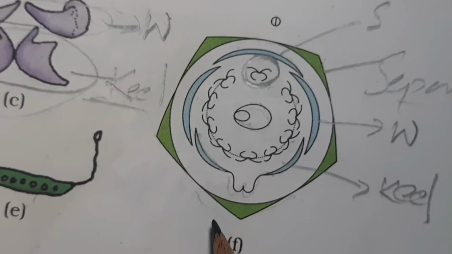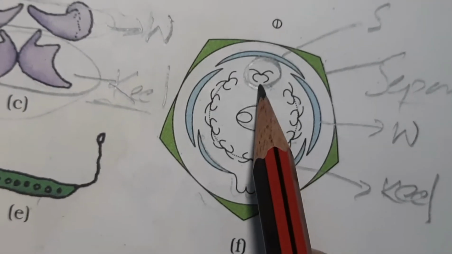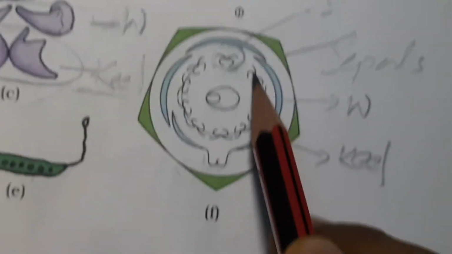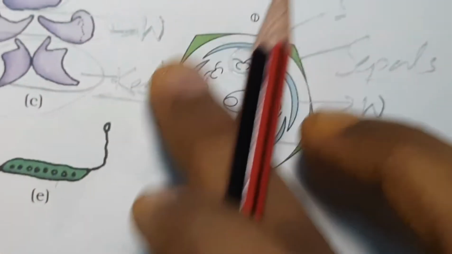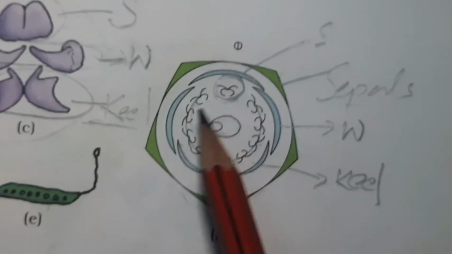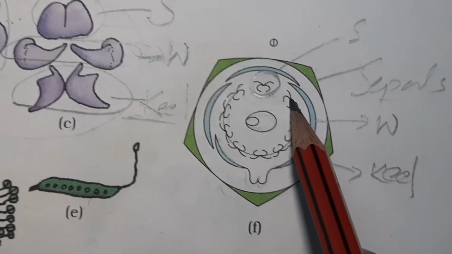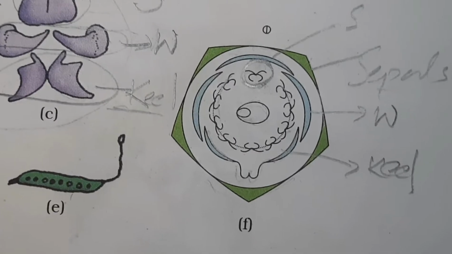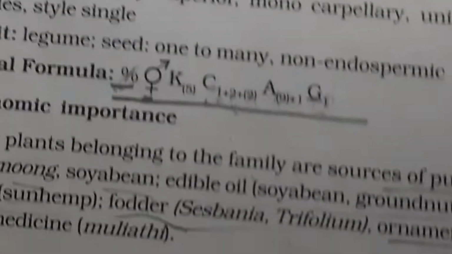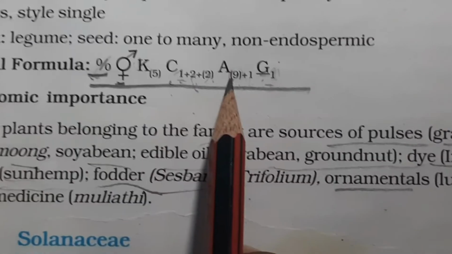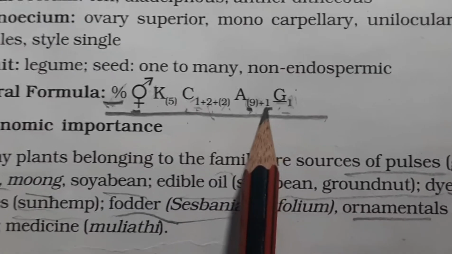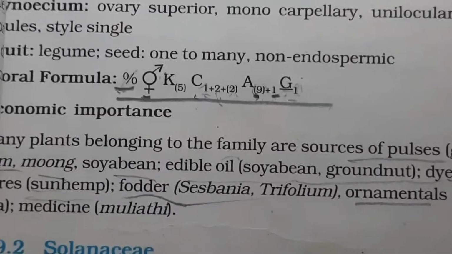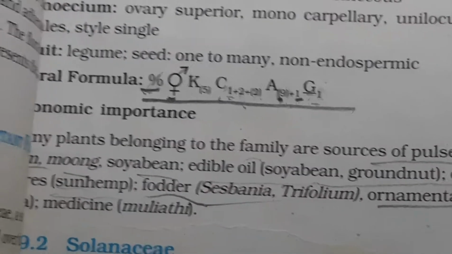So this is one free stamen, and all 9 are united together like this. These are the united stamens. The 9 united stamens and one free, that's why it is a 9 plus 1 arrangement, in which 9 are united and 1 is free. So now let's check the dissection of the flower.